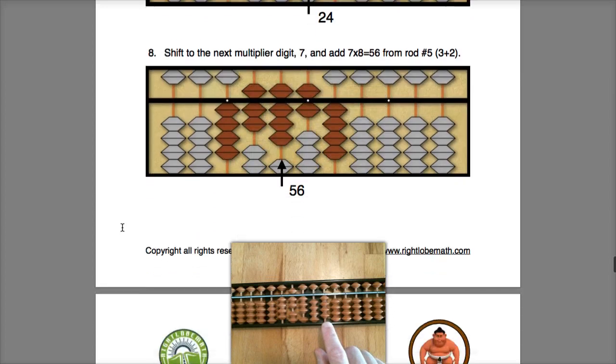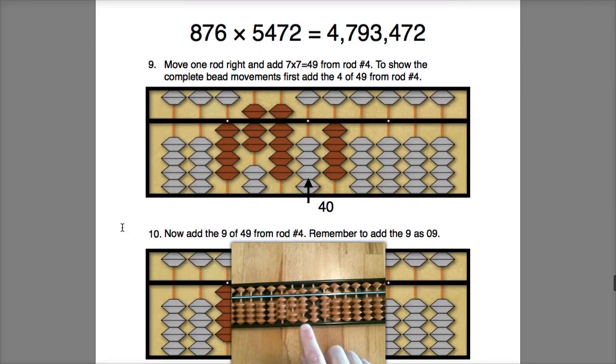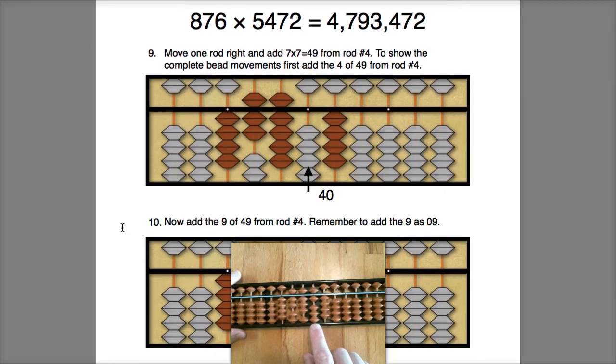Okay, now we're going to shift to the next multiplier digit 7, and we're going to do 7 times 8, which is 56, and we're going to start on rod number 5 here. So we'll enter the 56. Okay, now we're going to move one more rod to the right, and we're going to do 7 times 7, which is 49, and we'll enter that from rod 4.